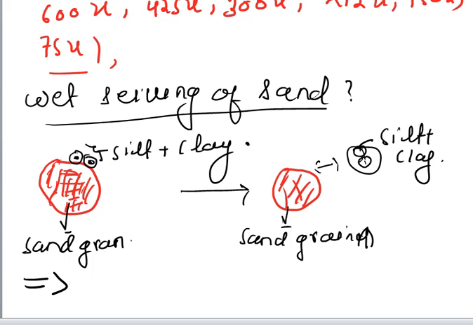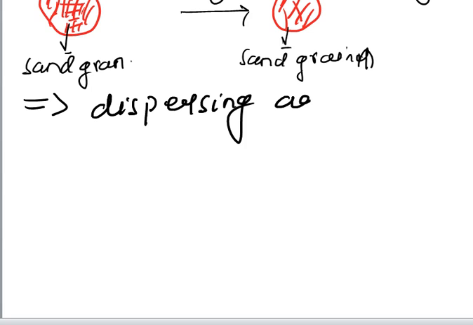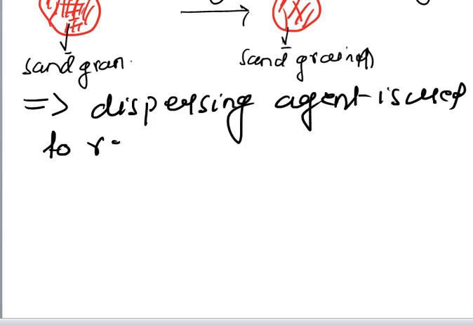The dispersing agent is used to segregate, to make them individual.